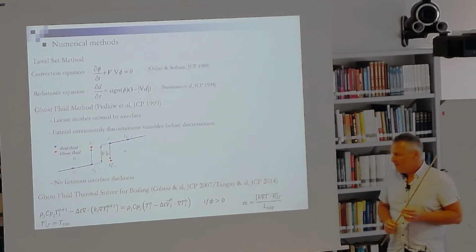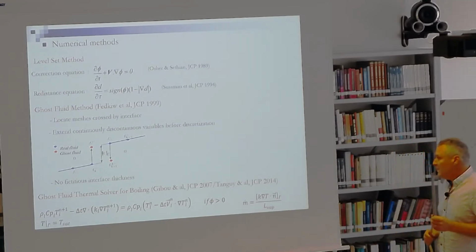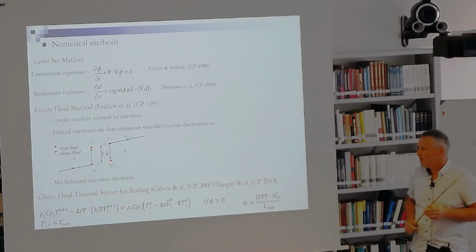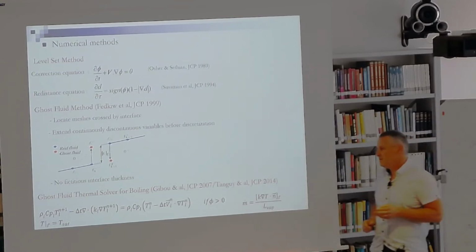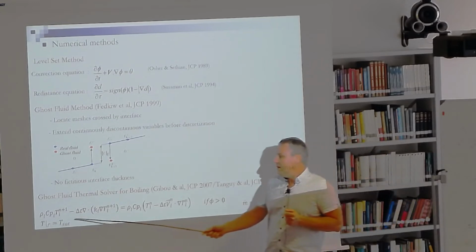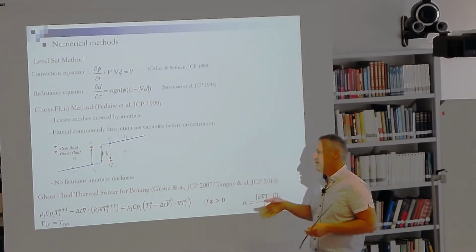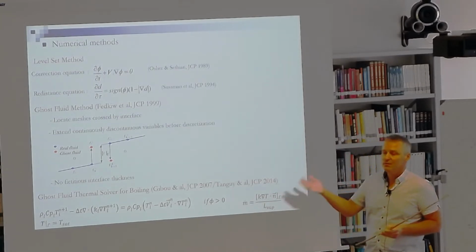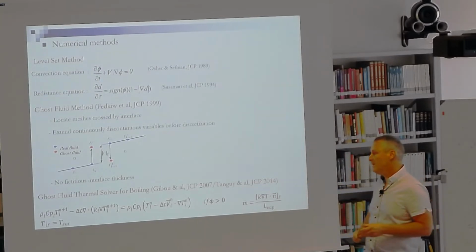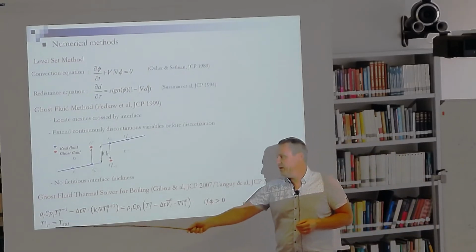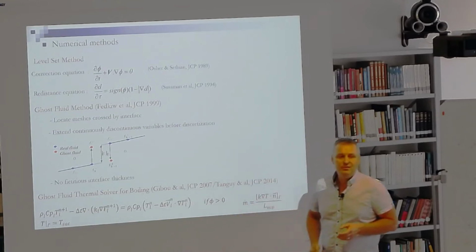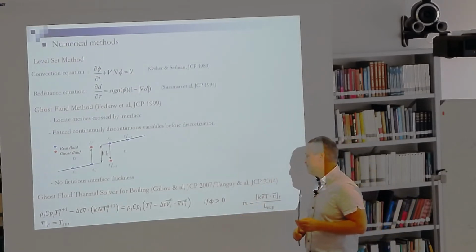So it has good properties for liquid vapor phase change simulation, also to reduce parasitic currents across the interface. Finally, our solver for boiling is based on the solver proposed by Gibou and co-workers in 2007. It is roughly described here. We solve separately both domains, the liquid domain and the vapor domain, for the temperature, by imposing directly a boundary condition at the interface, which is simply the saturation temperature at the interface.